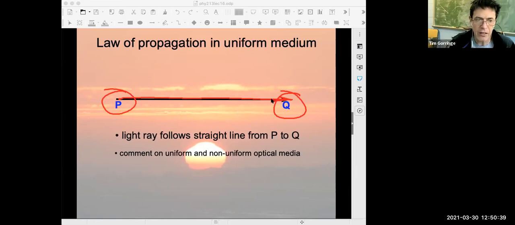Now, the comment that it travels through uniform material is an important qualification about propagation of light. If the material was non-uniform, then it would not necessarily travel in a straight line. A classic example of that is when the sun sets or when the sun rises.